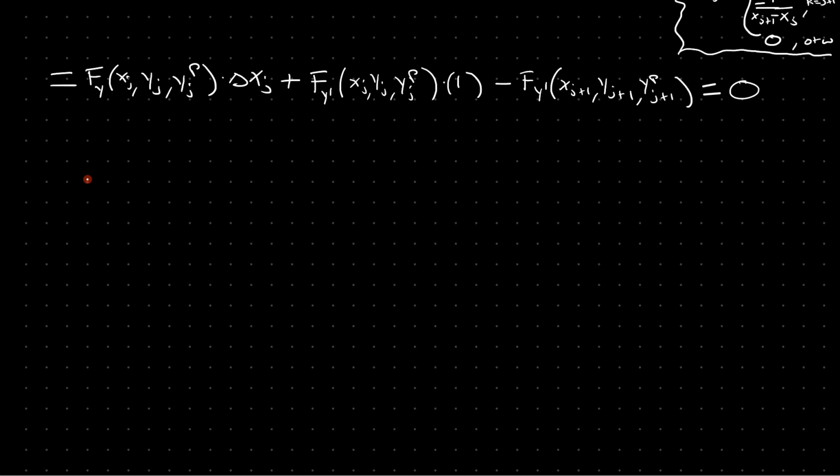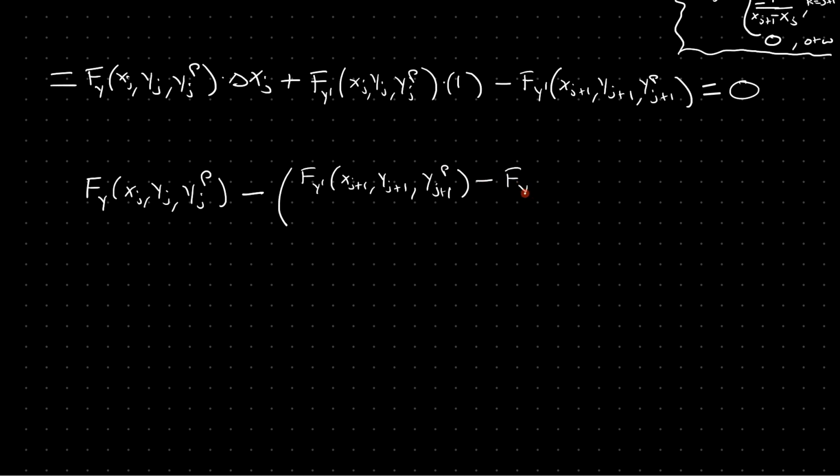We have fy at xj, yj, yjp minus fy prime at xj plus 1, yj plus 1, yj plus 1 p minus fy prime at xj, yj, yjp, all of this divided by delta xj.